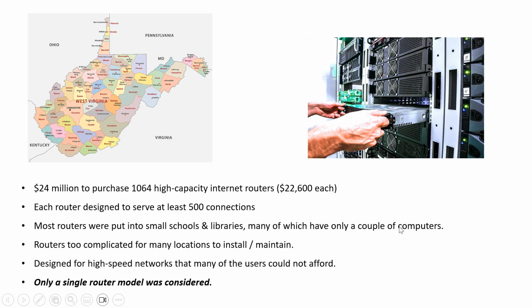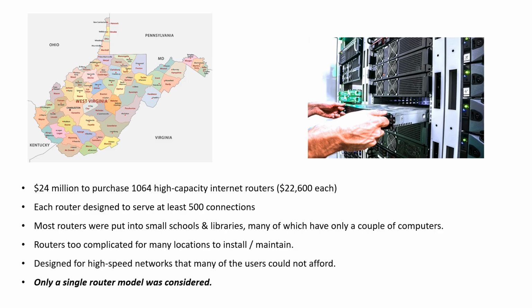Here closer to home in West Virginia, one of our recent brushes with government spending that's considered very wasteful was an incident a couple of years ago where the state of West Virginia used some federal grant money to buy high-capacity internet routers, more than 1,000 of them.